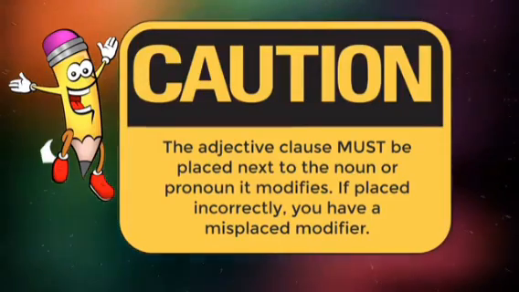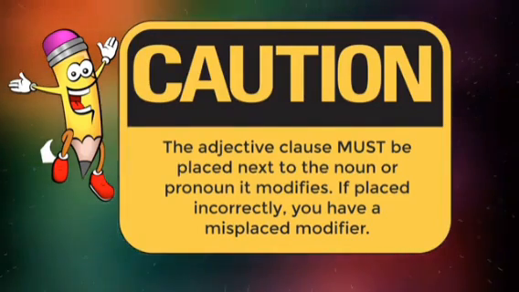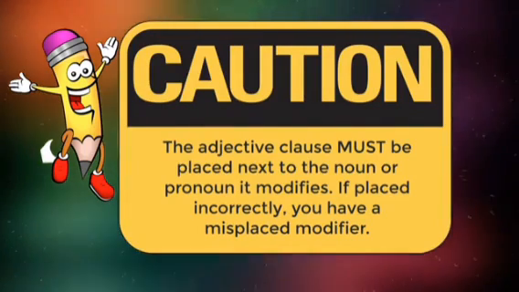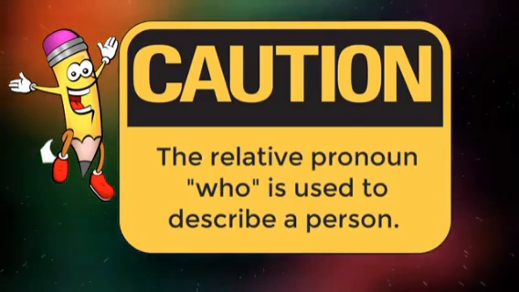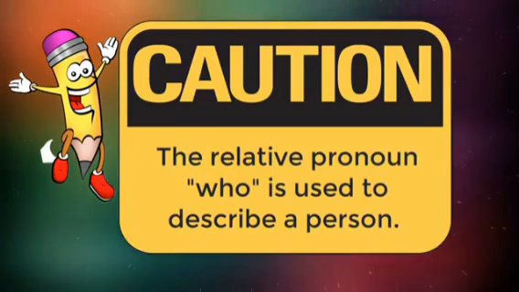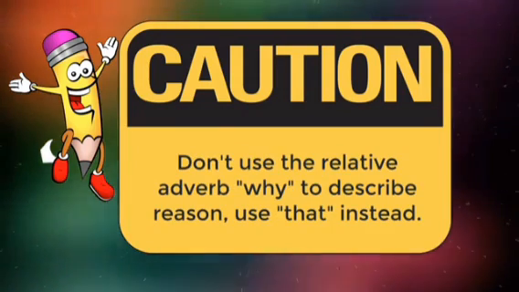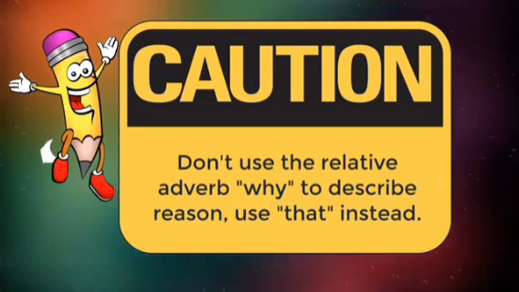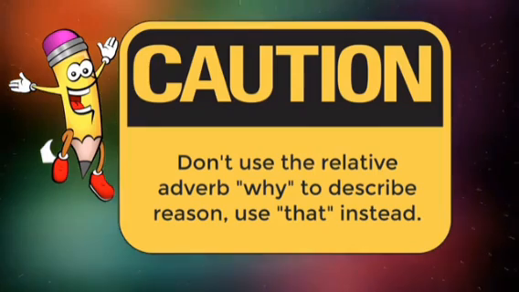Okay, this is what we have to be concerned with regarding the adjective clause. The adjective clause must be placed next to the noun or pronoun it modifies. The relative pronoun who is used to describe people.